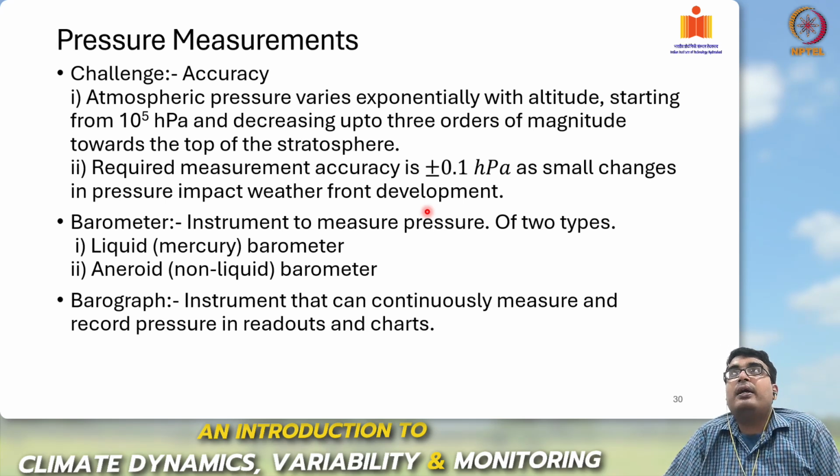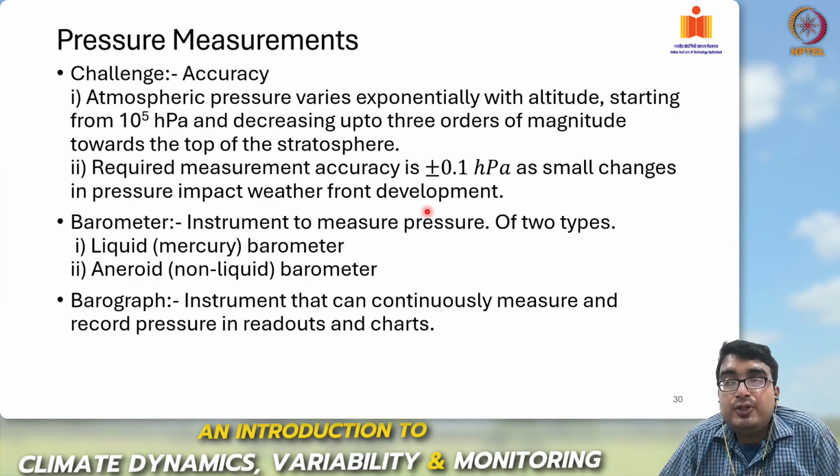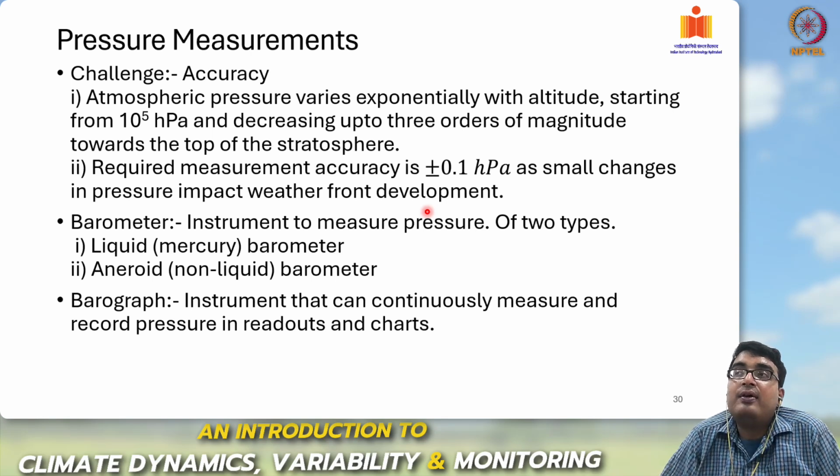So, if you are actually looking at altitude based pressure measurement, which is very important to evaluate the various pressure charts that we have seen in the climatological classes that we have done before, you need a pressure sensor which can give accurate results over a range spanning 3 orders of magnitude, which is a challenging task.